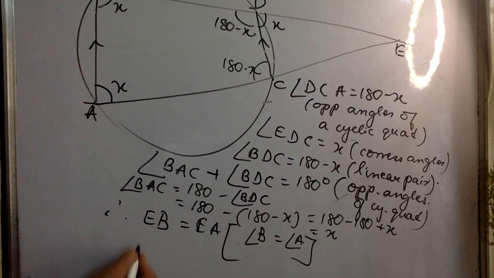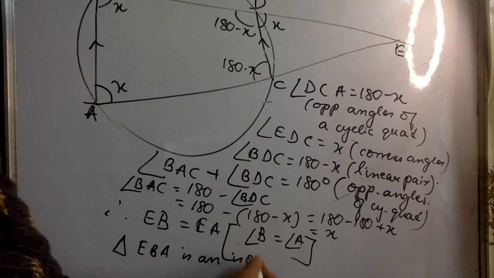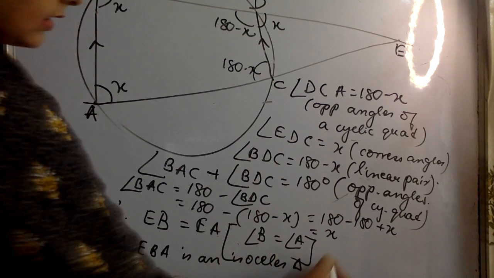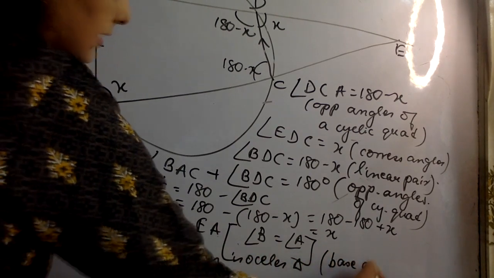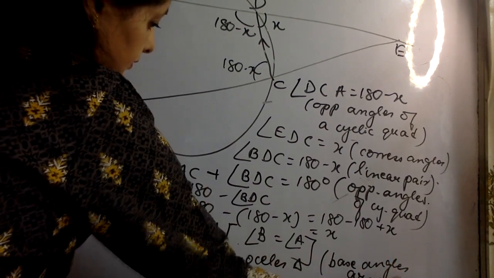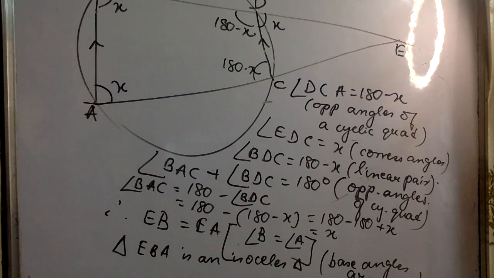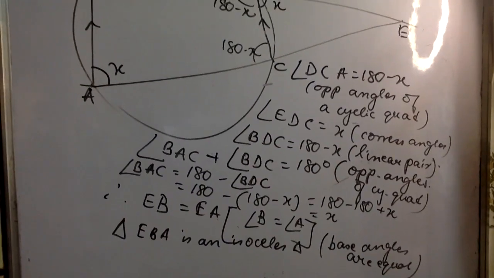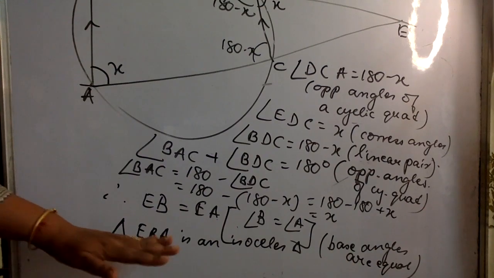And then we can write triangle EBA is an isosceles triangle. Here base angles are equal. That is all we need to write. So base angles are equal, hence this is an isosceles triangle.